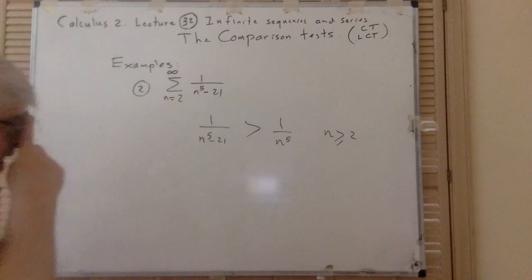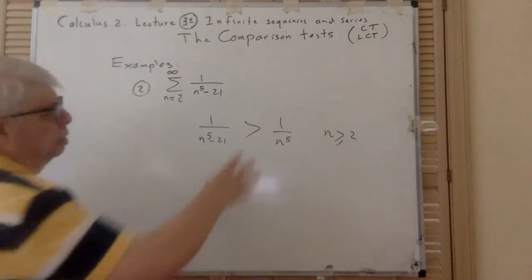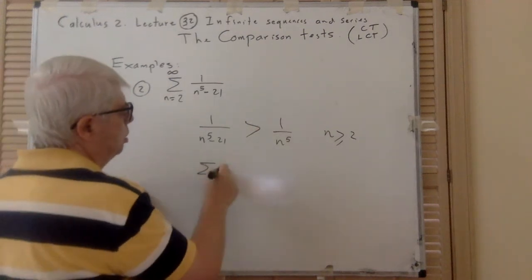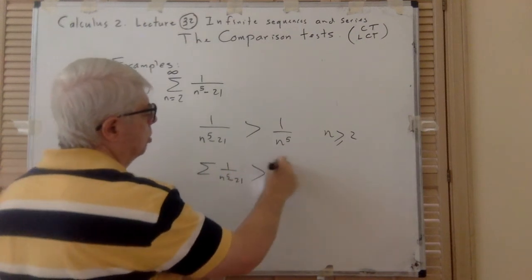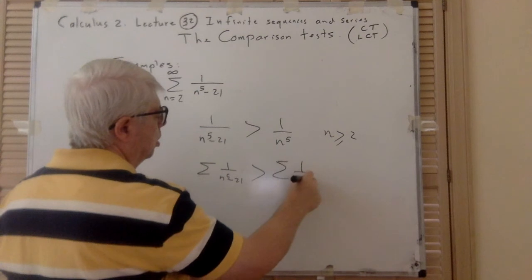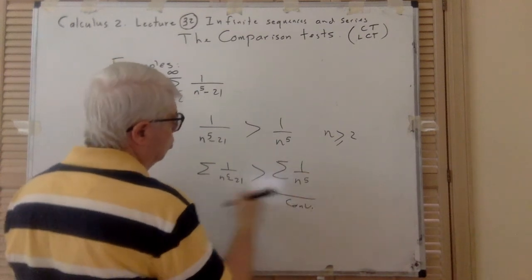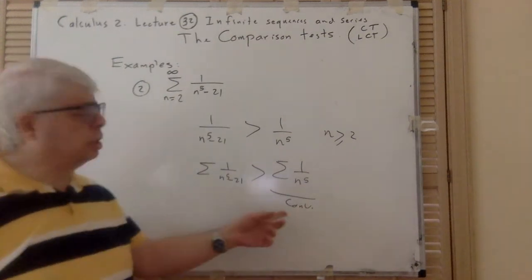Now, so what? I'm comparing with this, and I'm saying that this sum is bigger than this sum. And this is convergent, definitely. What does it say about this? Nothing. It is saying that this is finite.